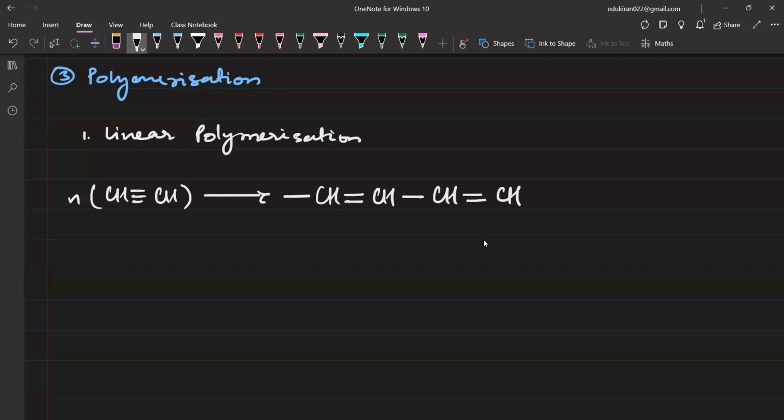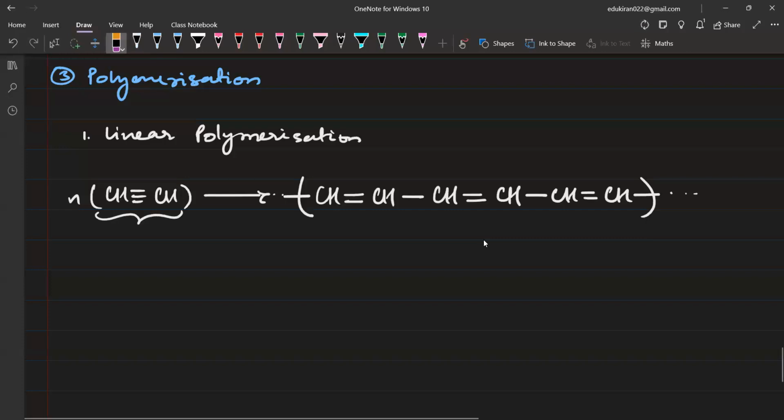Now this CH is having some bonds here, and then again single bond CH, like this. Now this will go on. This is the polymer and this is the monomer. Sometimes they will give you a polymer and they will ask you what is the monomer.